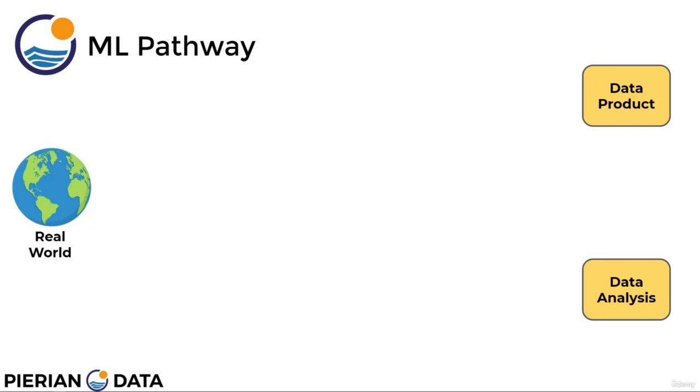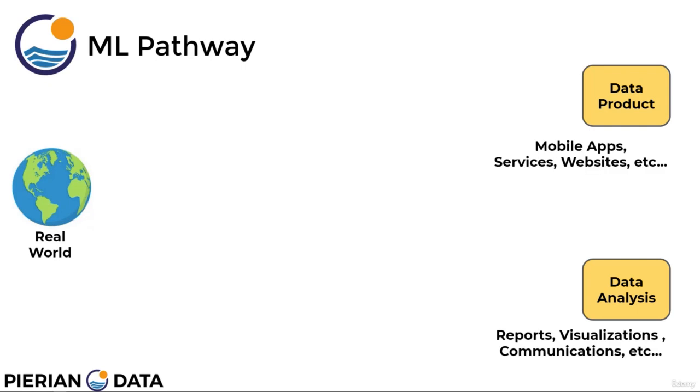A lot of times, newcomers to the field of machine learning and data science think they need to jump straight away to deep learning to build a very sophisticated data product, when in reality, they just need to perform some relatively simple data analytics. So a data product could be something like a mobile app, a service, or a website, dashboards, and so on. And data analysis falls a little lower than that. It'll be things like reports, visualizations, and communications.